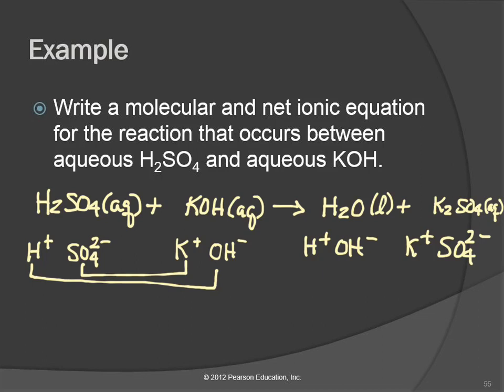Question? Okay. How do you know whether or not it gets a positive or a negative charge when you mix it? Like here are the ions? Yeah. How do I know whether they get a positive or negative charge? Okay, the first ion is always positive, and the second ion is always negative.